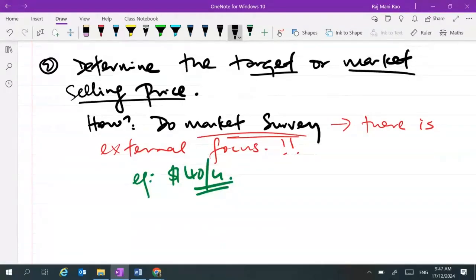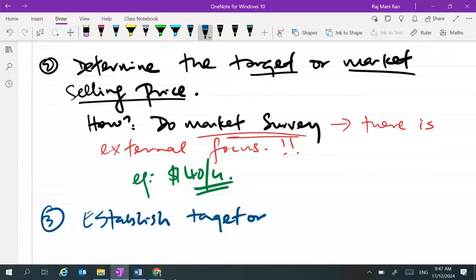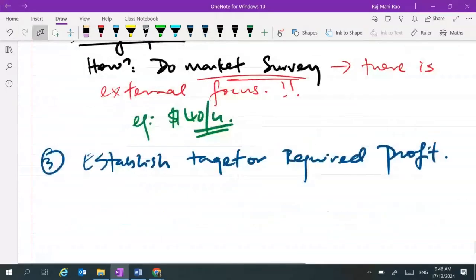Then comes the third step. Establish target or required profit. How much profit do you want to make?